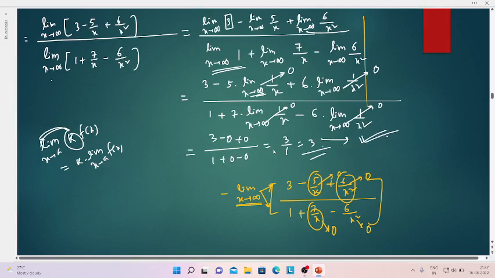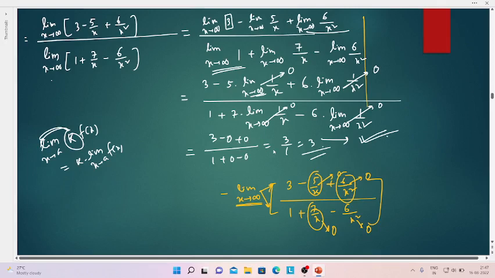So you can understand what we did. We tried to find out whether f(x) and g(x), where f(x) by g(x) is given to you, are polynomial equations or not.